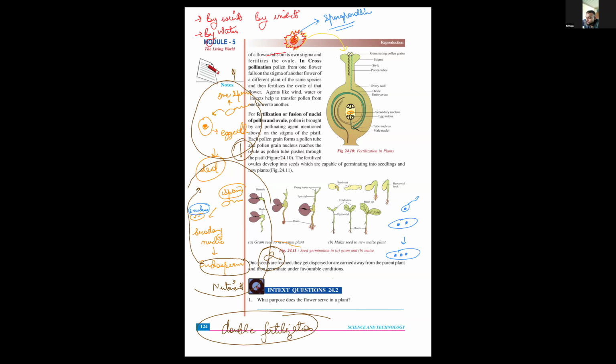So the endosperm has three nuclei. So this is called triple fusion, because three nuclei are there. If they ask you what is triple fusion, it is the fusion of the secondary nucleus and the sperm so that it creates three nuclei simultaneously, called triple fusion. Understood? Yes or no?